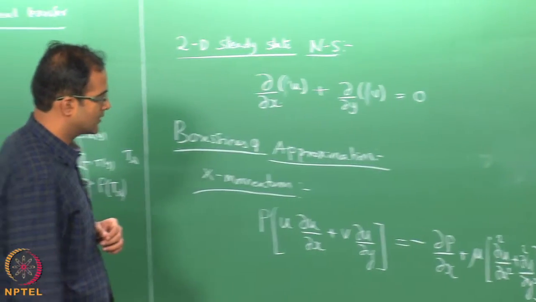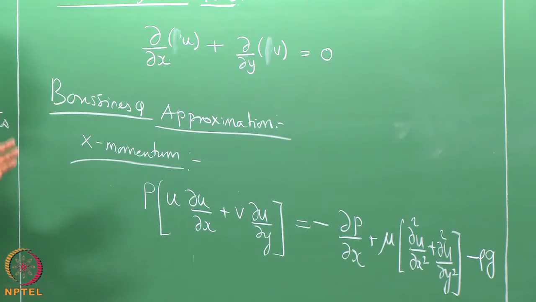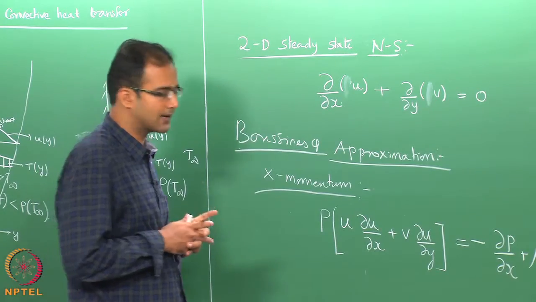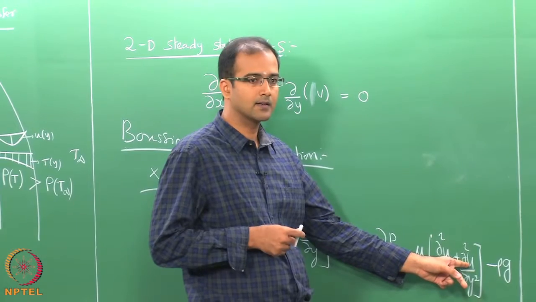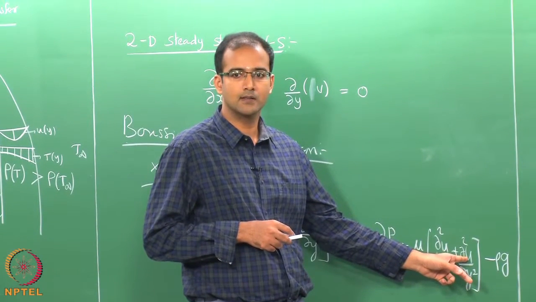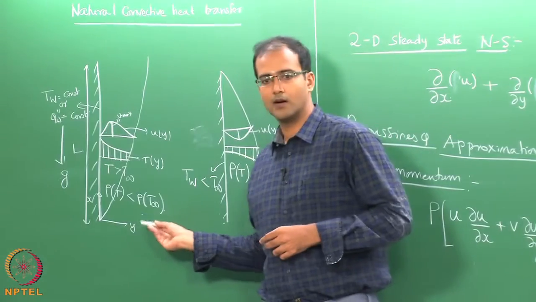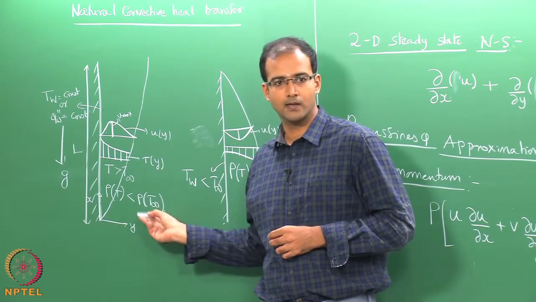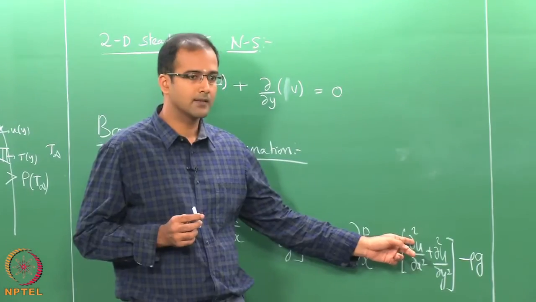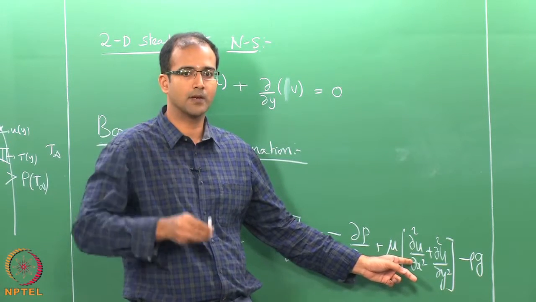Now, once again, similar to the external forced convective boundary layer, if you do a scaling analysis, or an order of magnitude analysis, we can show that the diffusion in the y direction, which is the horizontal direction now, Cartesian x, Cartesian y, is much greater than the diffusion along the length of the plate.